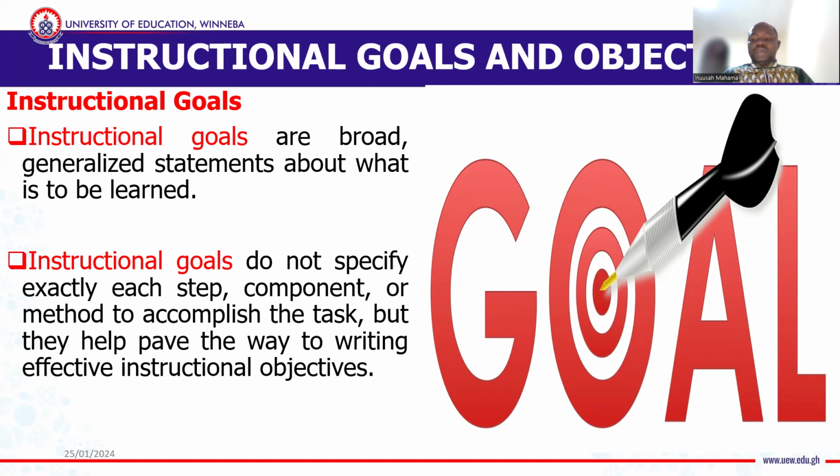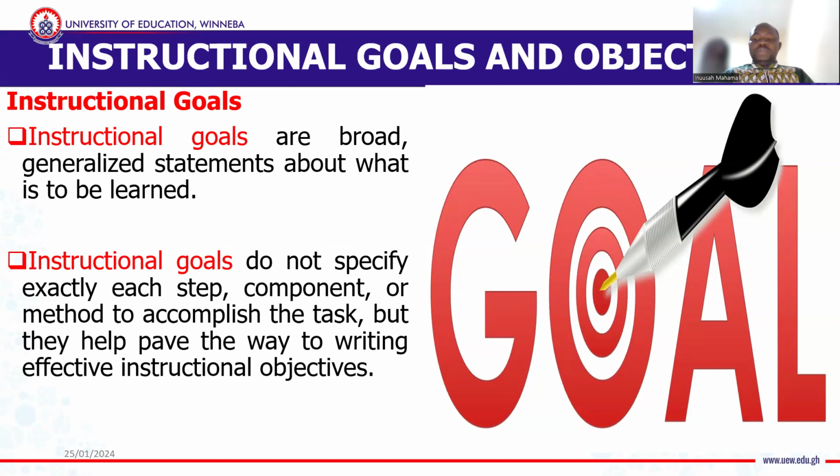So we have instructional goals and we have instructional objectives. These two keywords appear to be used interchangeably, but they are unique in their own ways and they carry their own meaning and weight. When we talk about goals, they are broader, they are global, they are wider.